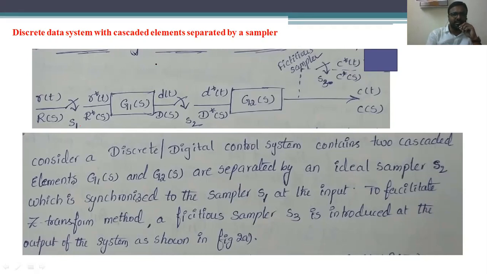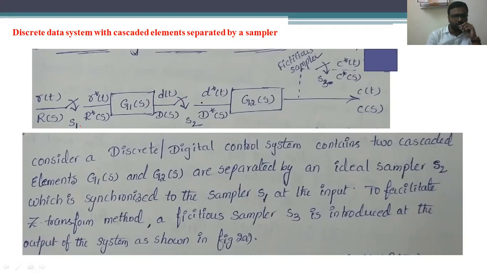In order to synchronize this R of t, we place a sampler S1 before the first element. After the first element, the second element is placed in a cascaded position, and these are separated by a sampler.